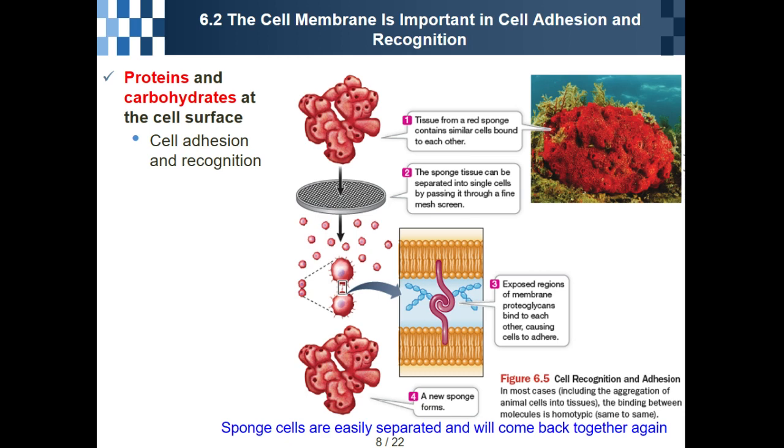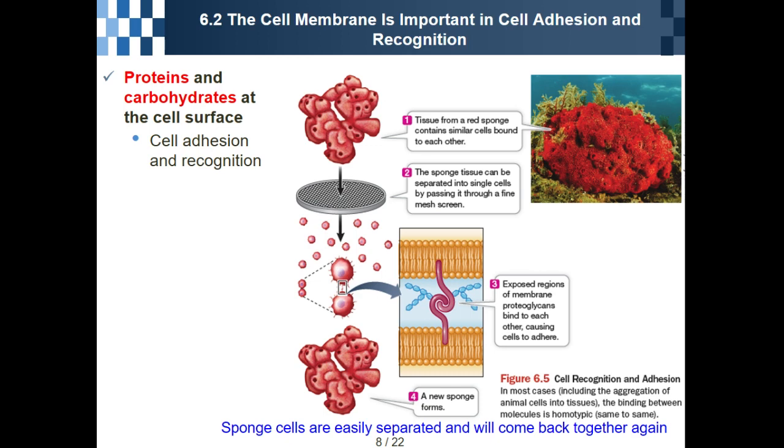So Figure 6.5 shows that tissue from the red sponge contains cells like this. We can separate each cell by passing it through a very fine mesh screen. So we can divide it into each cell like this.